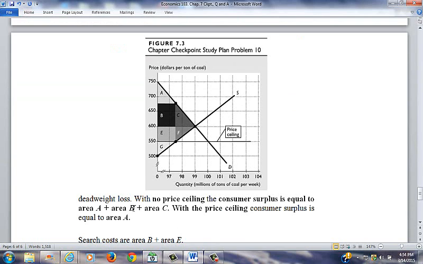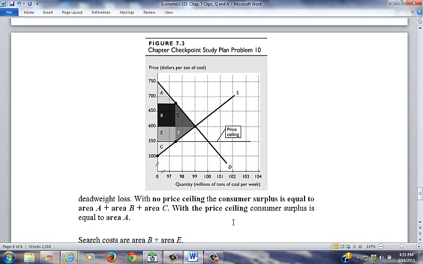With no price ceiling, the consumer surplus is equal to the area A plus B plus C. Why is that? Well, you take away this price ceiling and just have your original graph of supply and demand meeting at this point of 600. The area underneath the demand line then is the consumer surplus.